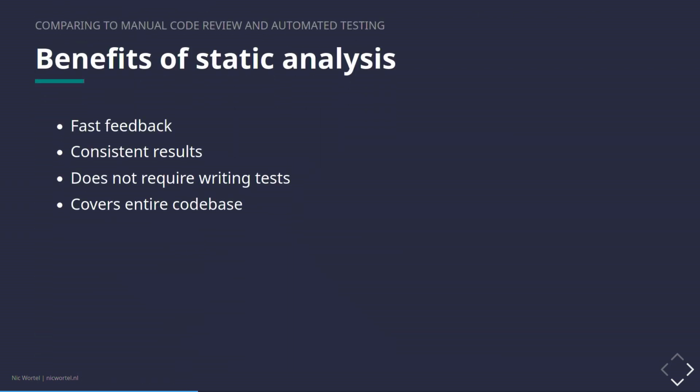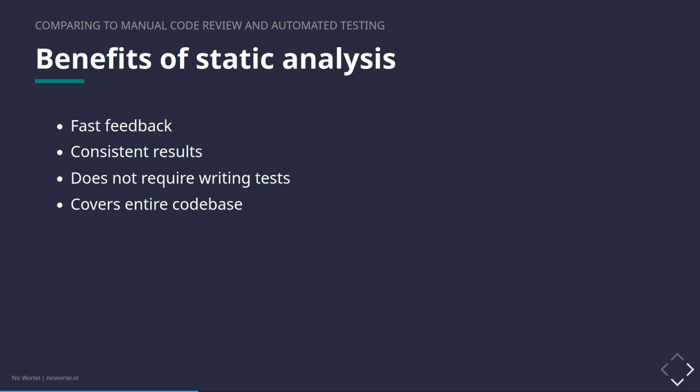So what are the benefits of using static analysis for these kinds of purposes? We get fast feedback, because a static analysis tool can usually run in a matter of seconds or maybe minutes. It gives you consistent results, more consistent than when we are manually reviewing in a pull request.